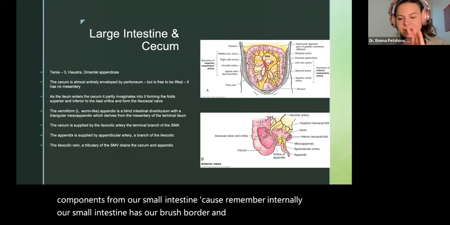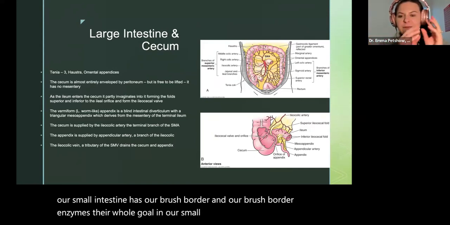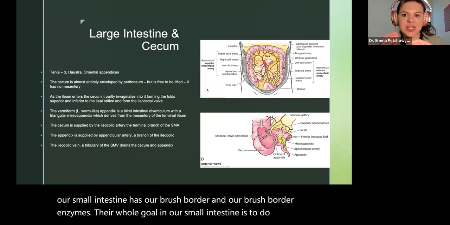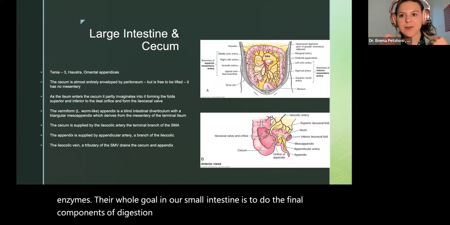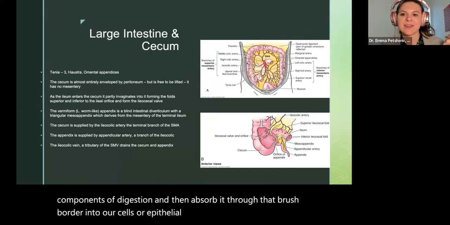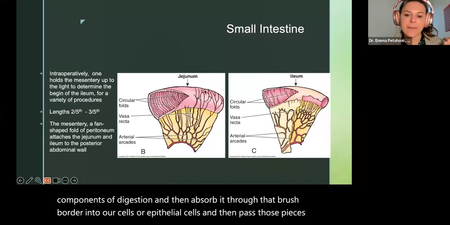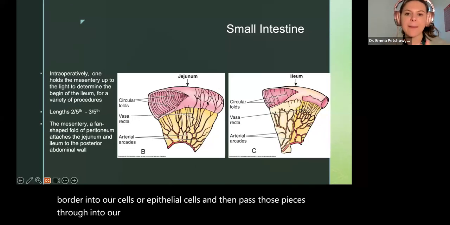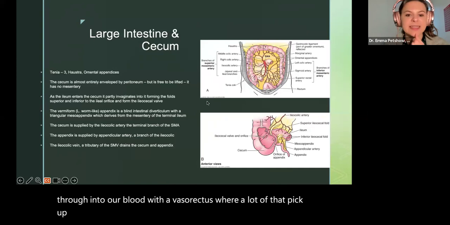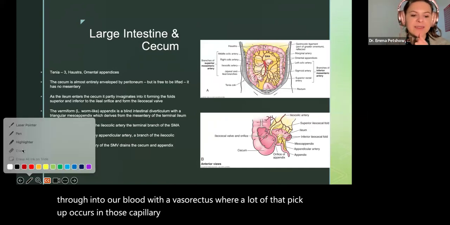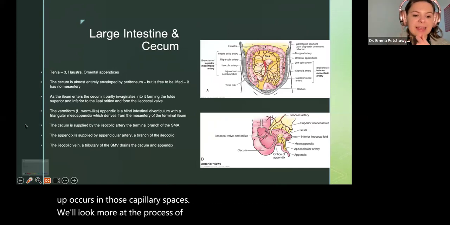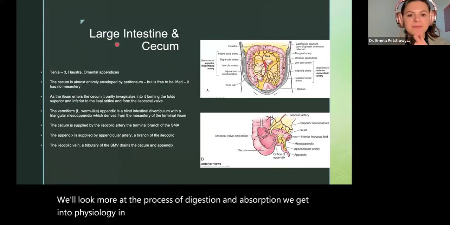And our whole goal in our small intestine is to do the final components of digestion and then absorb it through that brush border into our epithelial cells, and then pass those pieces through into our blood. So the vasa recta is where a lot of that pickup occurs, in those capillary spaces. We'll look more at the process of digestion and absorption when we get into physiology in 2 weeks.